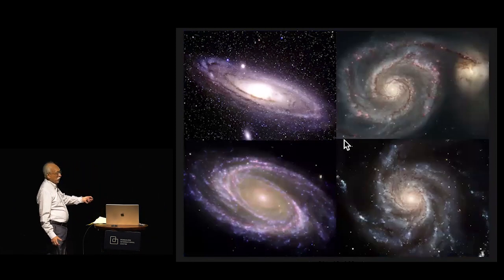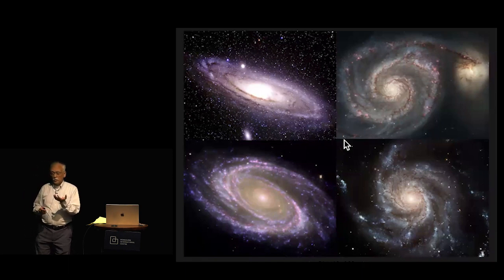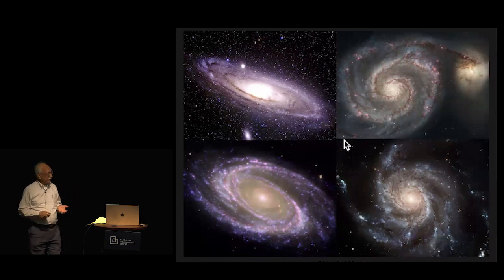This is a picture of Andromeda Galaxy. So this is our neighboring galaxy. It is roughly like our galaxy, but a little bit bigger. And so it's the nearest big galaxy. But there are a whole lot of smaller galaxies, so-called dwarf galaxies, which are around our Milky Way galaxy and also around, in fact, Andromeda itself.